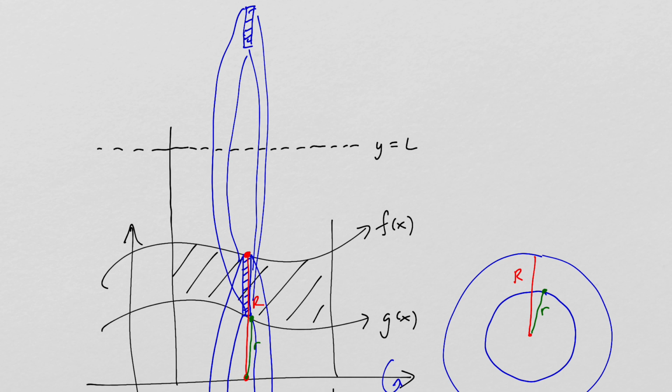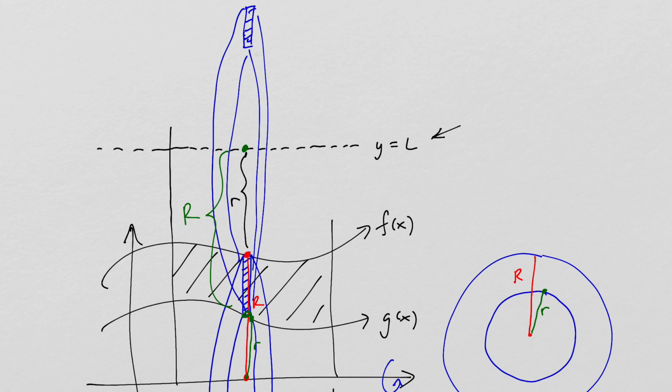Your big R is the distance from the center of the circle to the farther end of the rectangle. So it's this distance here, that's big R. And the distance from here to here, that would be little r. And then you have to compute those distances by subtracting functions from this value L.